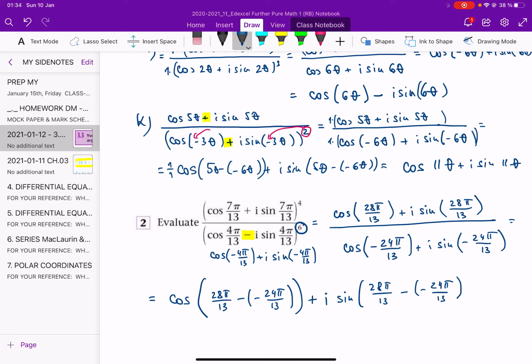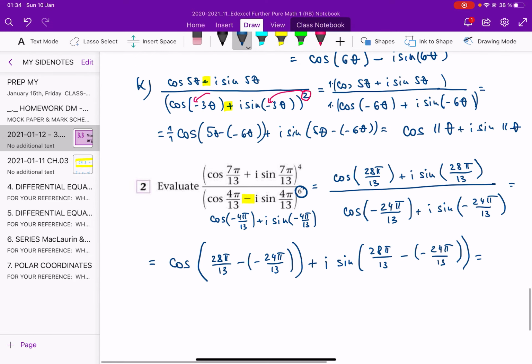And this would give me 52, and 52 divided by 13 is 4. So cosine 4 pi plus i sine 4 pi. And cosine 4 pi is the same as cosine 0, so that's 1. And sine 4 pi is the same as 0, so sine of 0 is also 0, so 1 should be the answer.